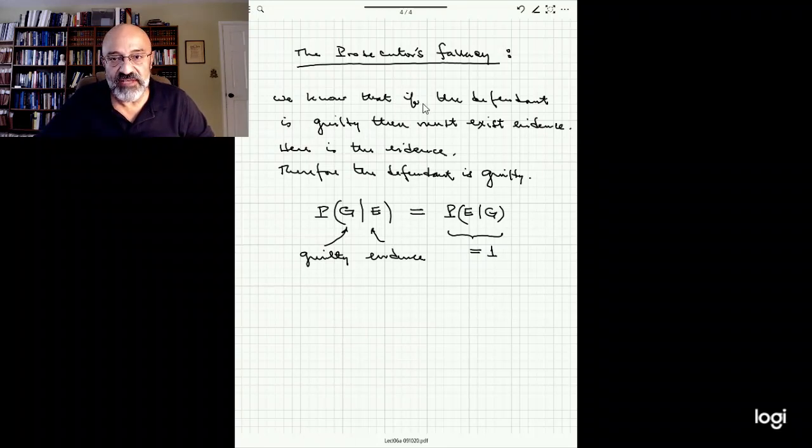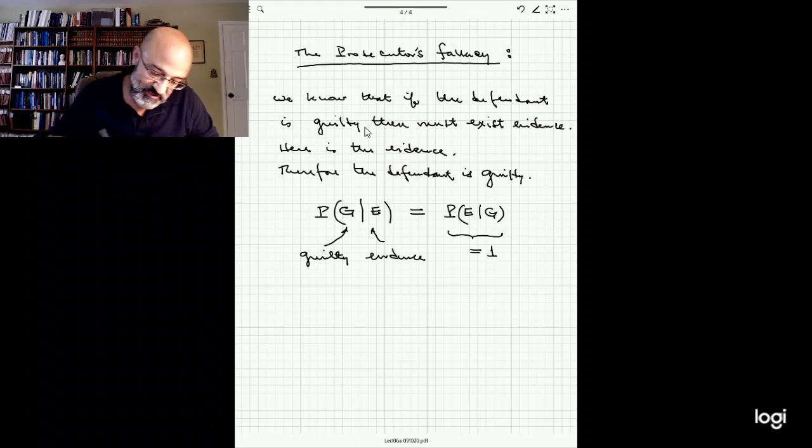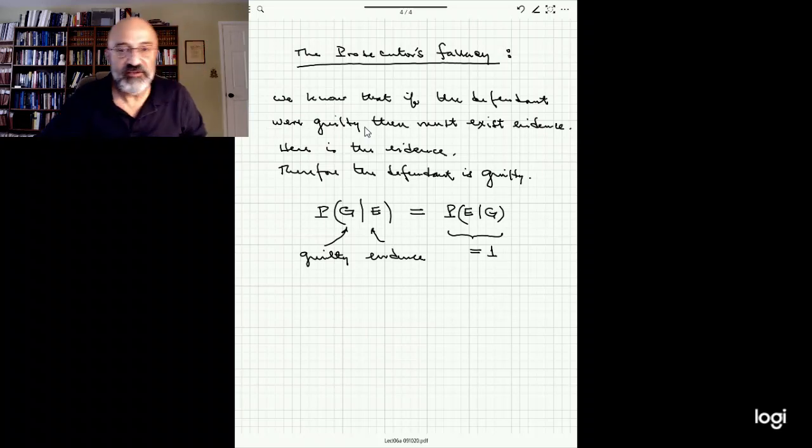We know that if the defendant were guilty, then there must exist evidence. Here is the evidence, you collected data, therefore the defendant must be guilty. This is not true.